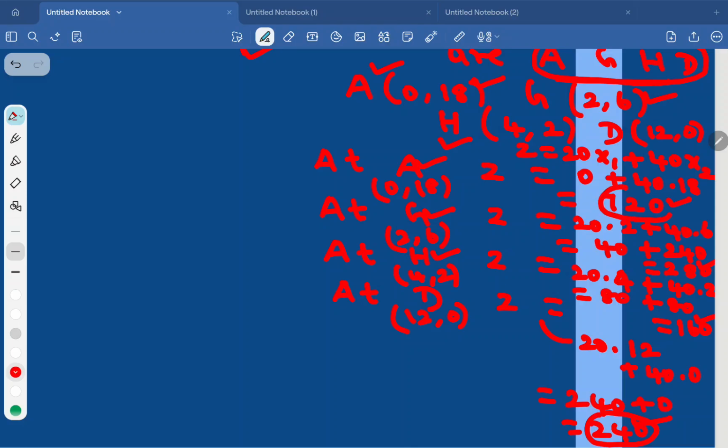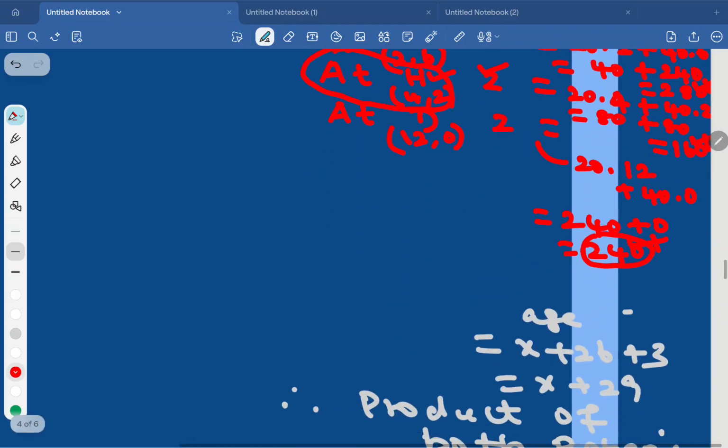Since it is a minimization problem, choose the minimum value. Here 720, 280, 160, 240. The minimum value is at H (4, 2), with Z value 160.